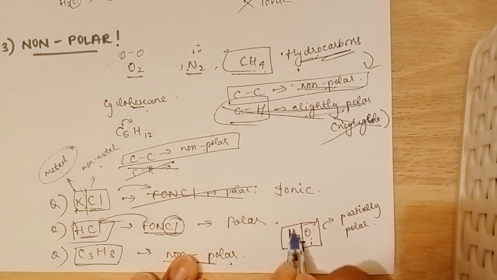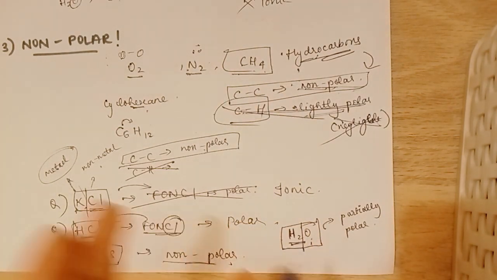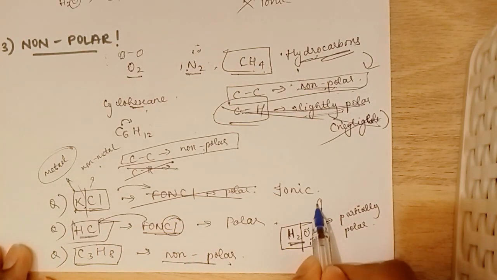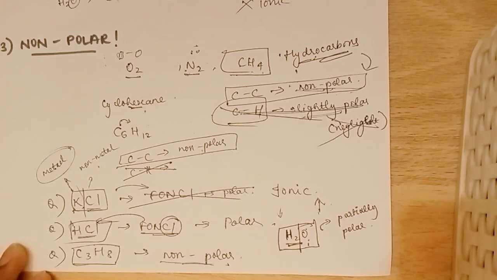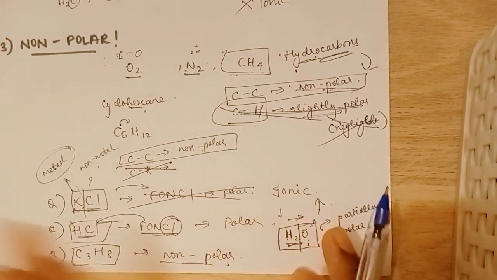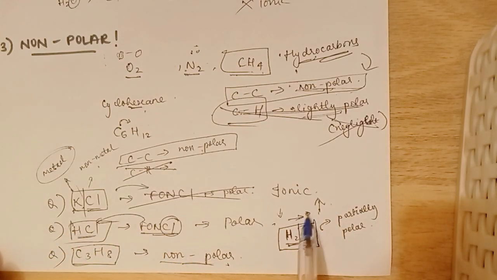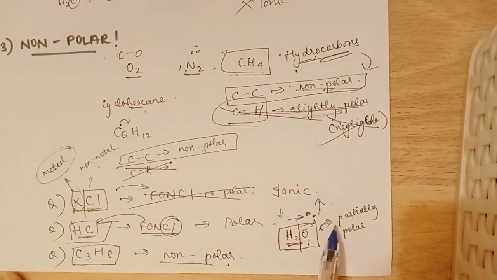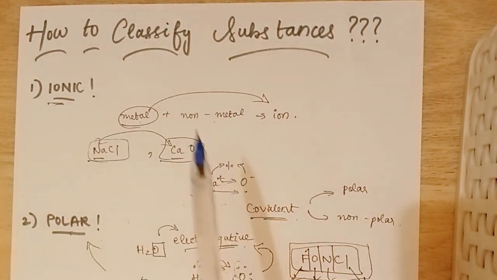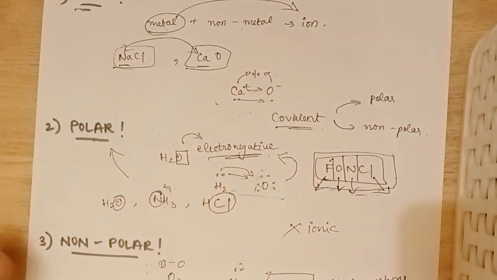And hydrogen is the smallest atom, right? And oxygen is extremely stronger than hydrogen. Thus, we can conclude that oxygen pulls maximum of its electrons, but it only ends up with a few electrons because hydrogen only has a few electrons. Thus, we can say that there is not complete polarity, it is just partially polar. And this is how you classify substances from this idea.